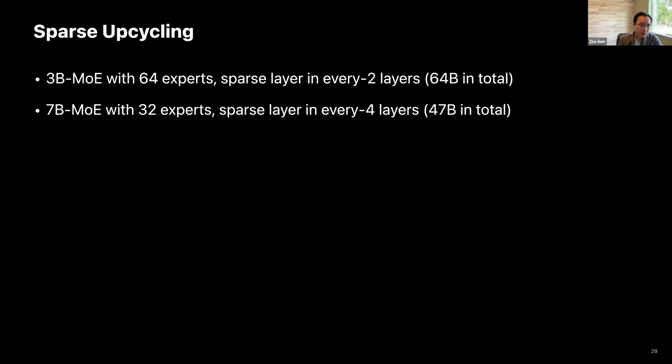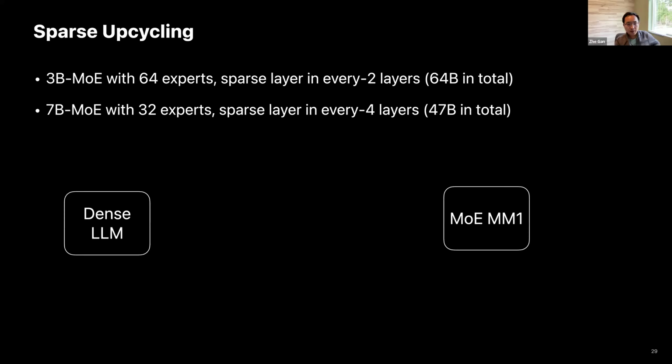Back then we only had two MoE models, one at 3B model size and another at 7B. There are two ways to do it.